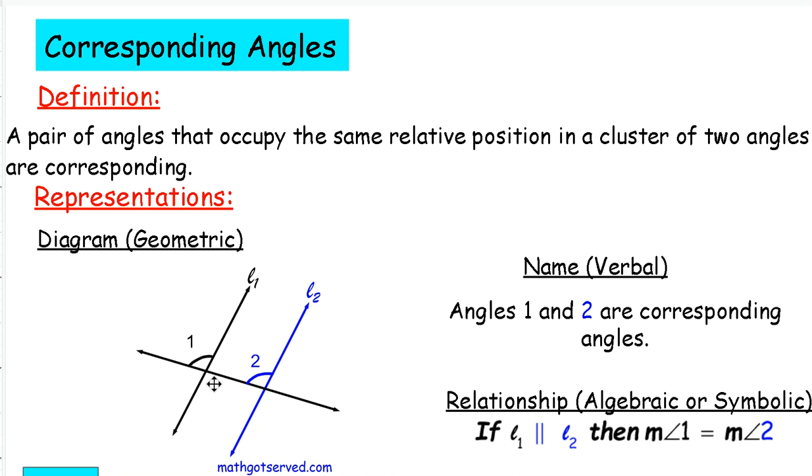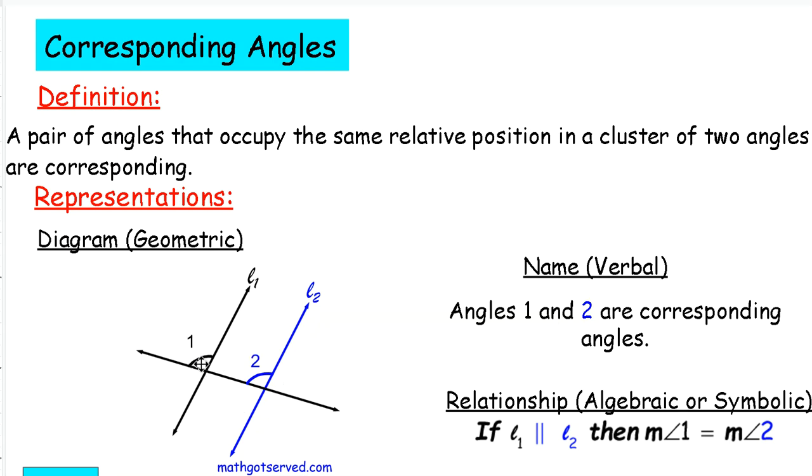So on the first line, L1, we have a cluster of 4 angles here, and on L2, you have a cluster of 4 angles here. All right? So you can think about it as quadrants. So you can say 1, 2, 3, 4. And over here, you have 1, 2, 3, 4.